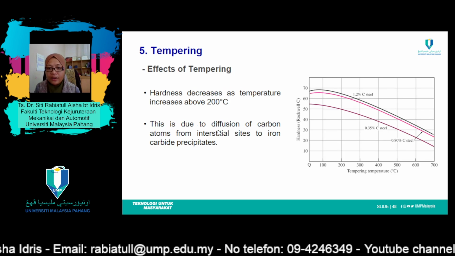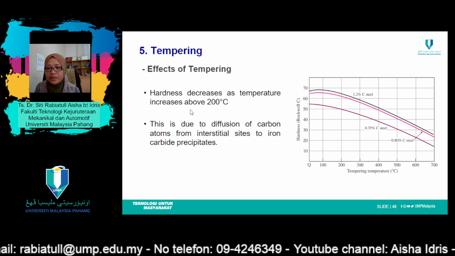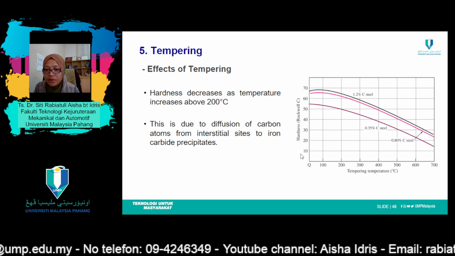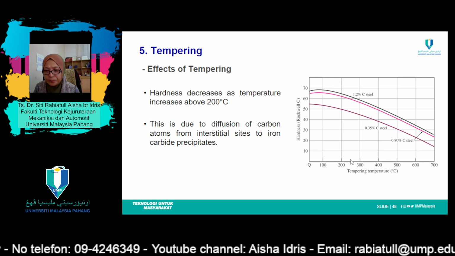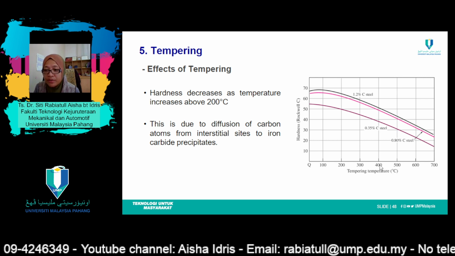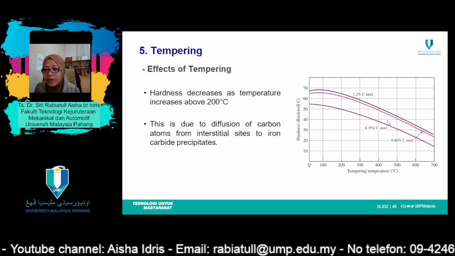And hardness decreases as temperature increases above 200 degrees C. So let's look at this hardness versus temperature plot over here. As the temperature increases, the value of hardness decreases.